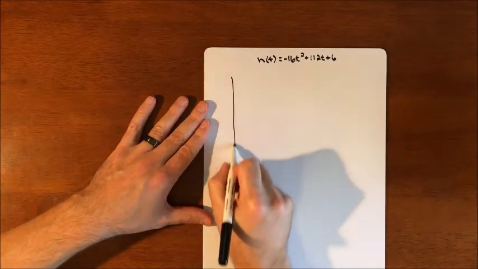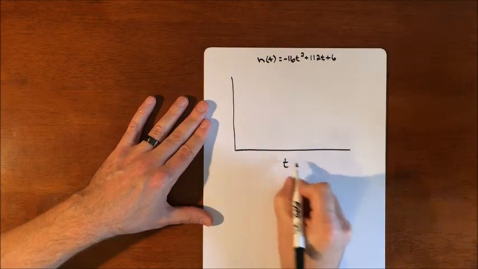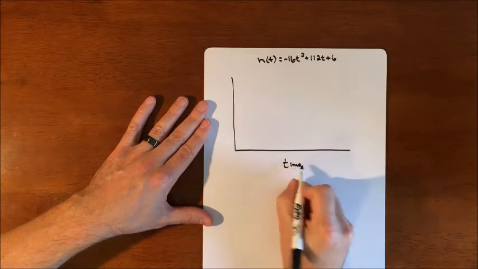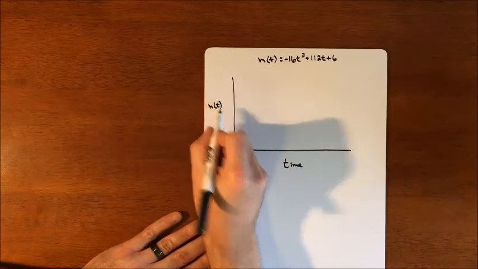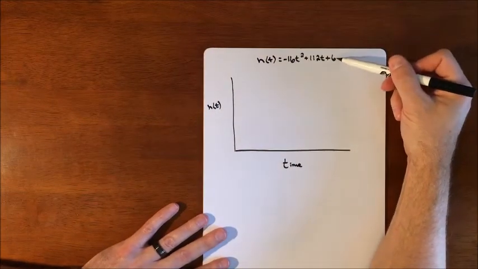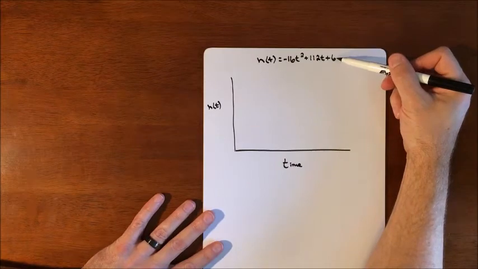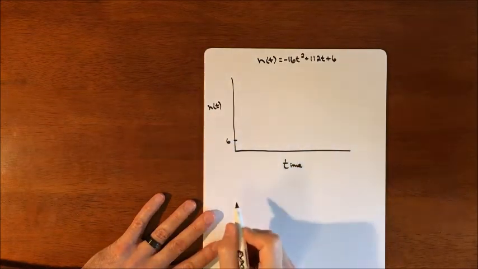So this x-axis is going to be representing time, and the y-axis is our height with respect to time. So if we were to look at this equation, it has an initial height of 6, which is also our y-intercept. So we have some sort of a height of 6.